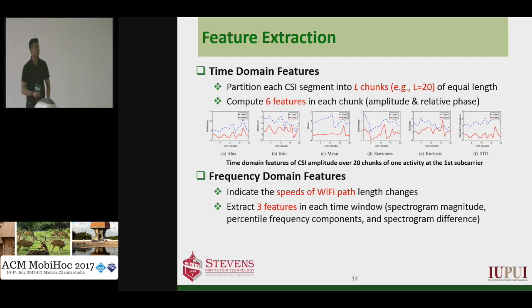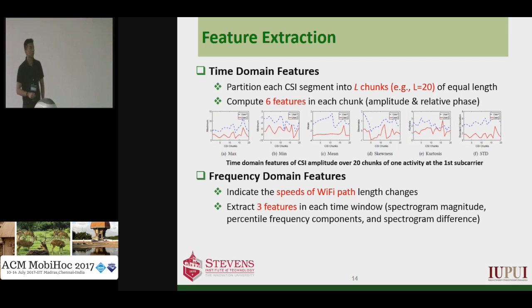In these 6 figures, we show the CSI time domain features: maximum value, minimum value, mean value, skewness, kurtosis, and the standard deviation. The x-axis is the index of the 20 chunks, and the y-axis is the corresponding feature values. We can see different users may have different features, so we want to use these CSI time domain features to distinguish different users.